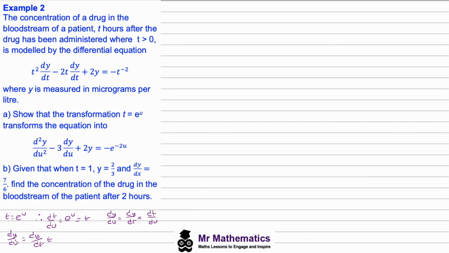So now we have dy by du, we can find d2y over du squared by differentiating this again with respect to u. To do this, we can use the product rule.